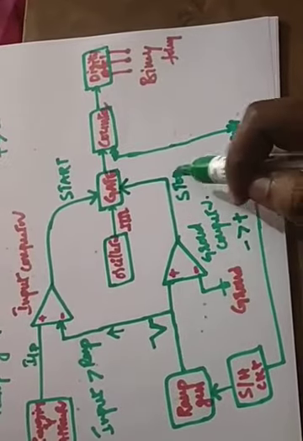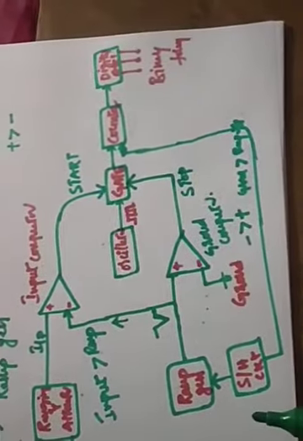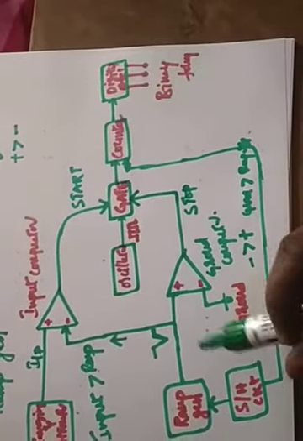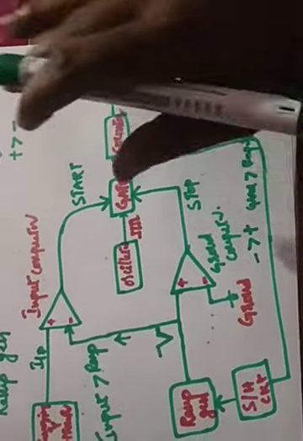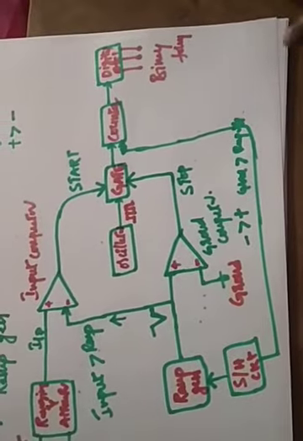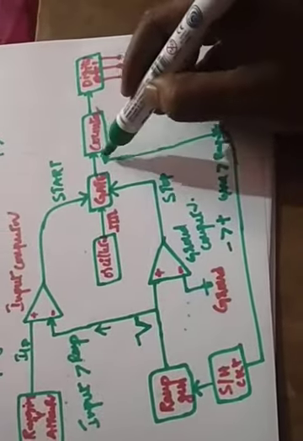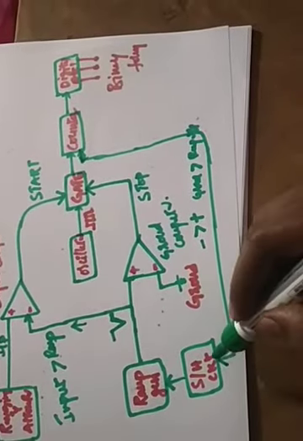Whenever it sends the stop signal, the gate will close and stop the clock pulses entering from the oscillator to the counter. So there is no counting. Whenever the gate is closed, the counter will stop counting and the digital form is displayed. One more signal enters the sample and hold circuit.